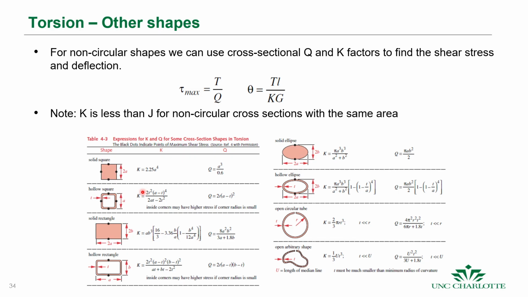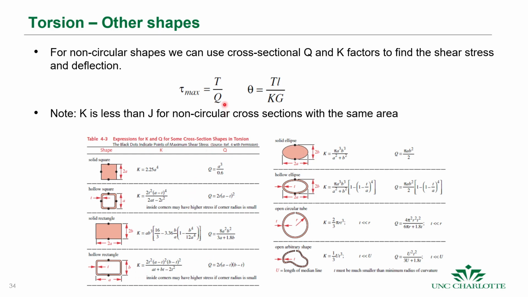When we have non-circular cross sections, we can use the cross-sectional factors Q and K to find the shear stresses and deflection. If we have K and Q, we can just use them directly to find the stresses from an applied torque by using these formulas here that we can plug in.